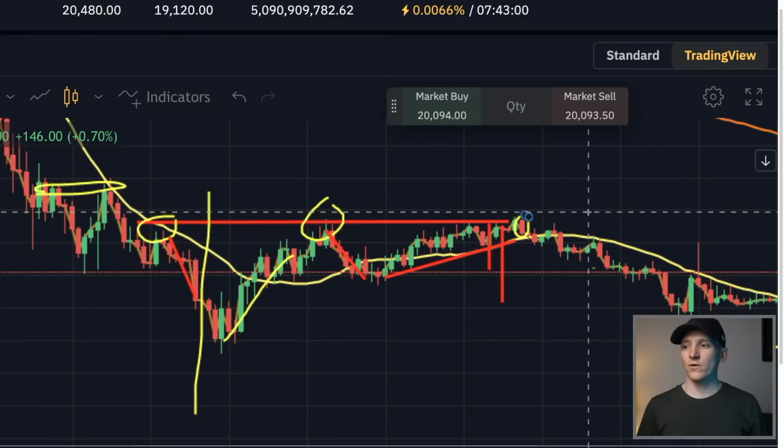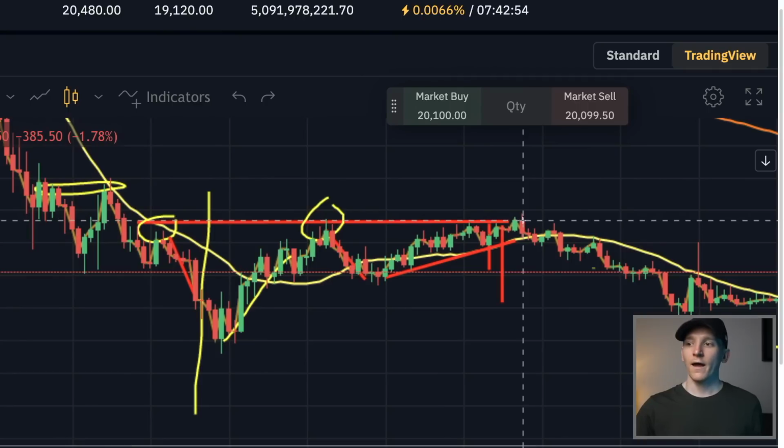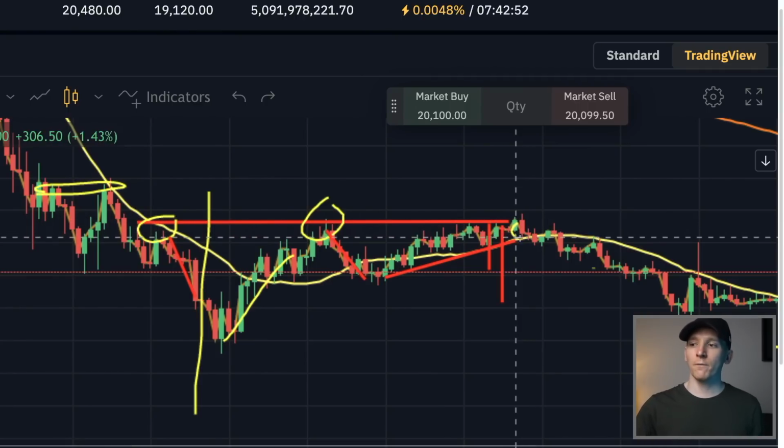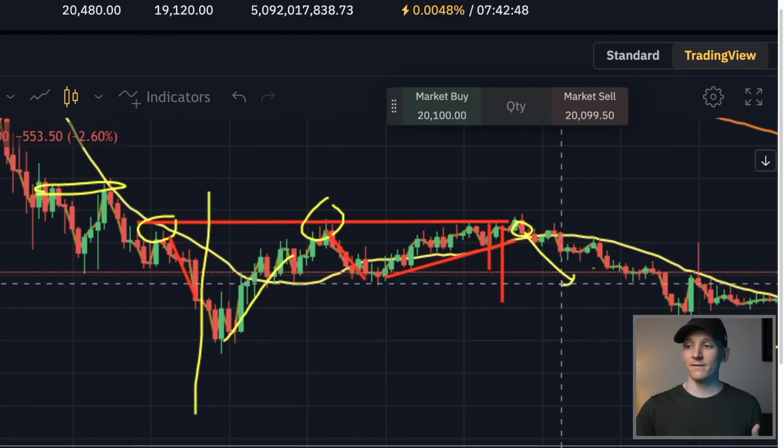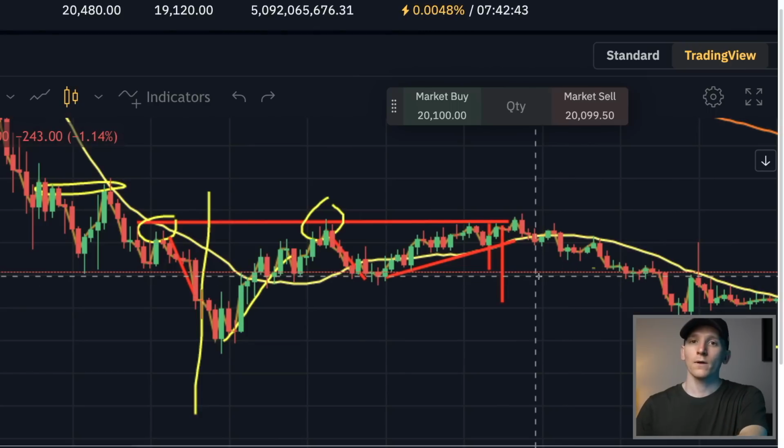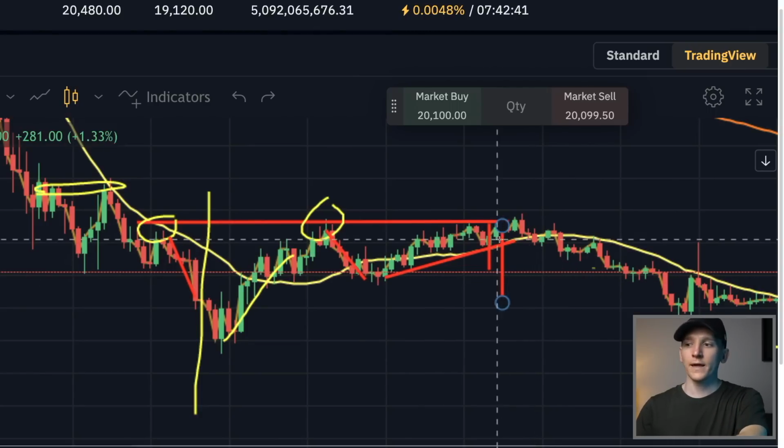It's not even like a shooting star or anything. It's just an outright bearish candle where it's just a large bearish engulfing, and that's right at the end of the chart pattern where you'd expect that the chart pattern in this instance breaks down, and that's exactly what it did.